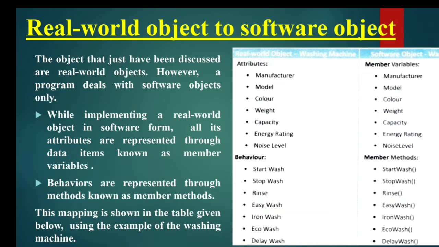Children, put your mind and understand. The characteristics means attributes are called the member variables in the programming language, and behavior means action of any object is called the member methods in programming language. If you understand these basic concepts, then only you can write the object oriented programming.